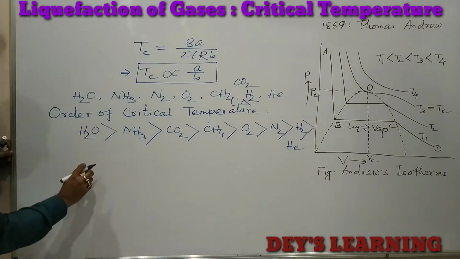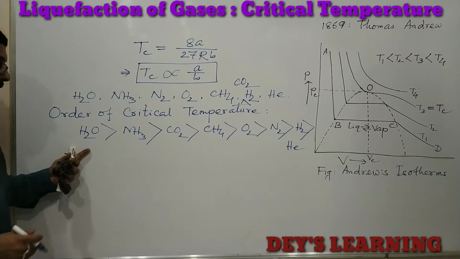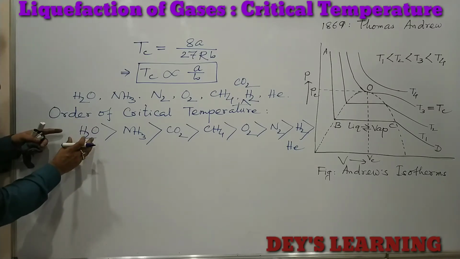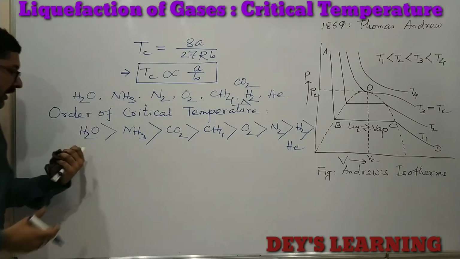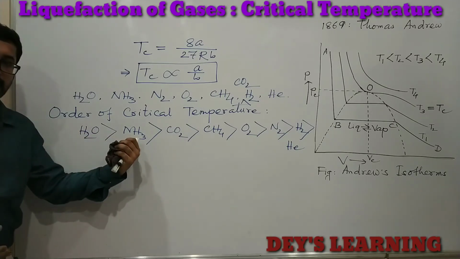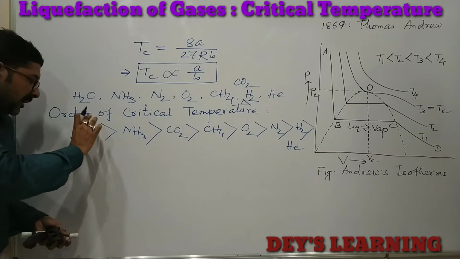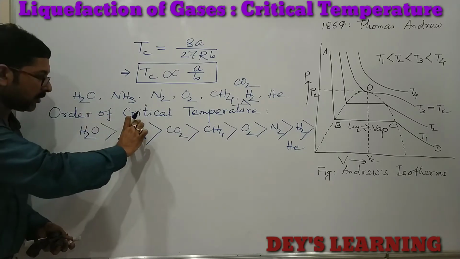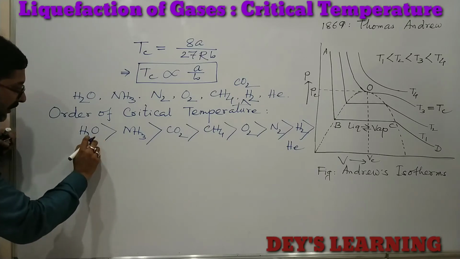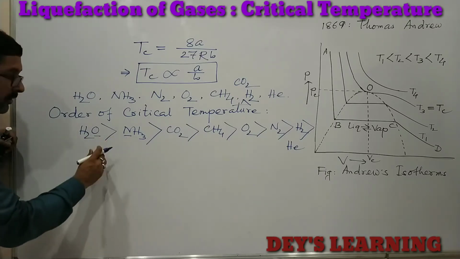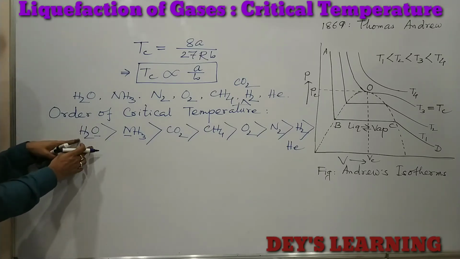In case of water there is a lot of hydrogen bonding. The intermolecular attraction force is greater than ammonia, because in water there is hydrogen bonding, and in ammonia molecules there is also hydrogen bonding, but oxygen is more electronegative than nitrogen, so the hydrogen bonding is greater here.